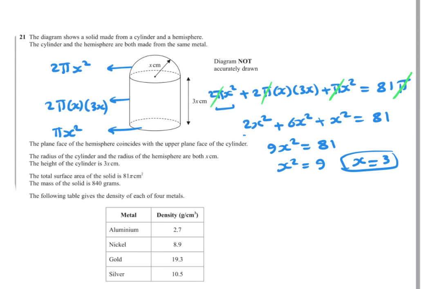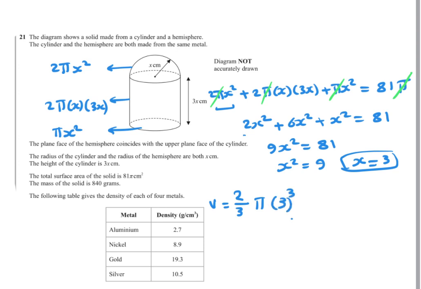You can find the volume of the solid. The volume of the solid equals the volume of the hemisphere plus the volume of the cylinder. The volume of the sphere is 4 over 3 pi r power 3, so the hemisphere is 2 over 3 pi r power 3, times x power 3, which is 3 power 3.